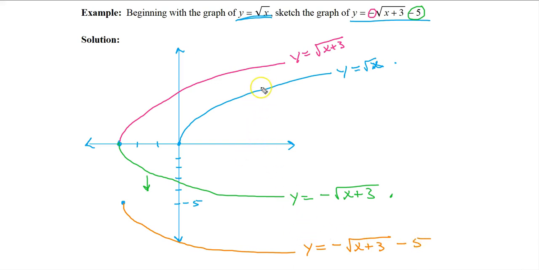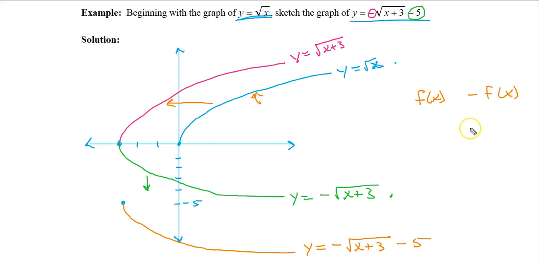And so you can see how we started with our basic graph of y equals the square root of x. We shifted it to the left 3 units by replacing the x with x plus 3. Then the negative out front flips the graph about the x-axis, because remember, putting a negative in front here is like replacing f of x with negative f of x.